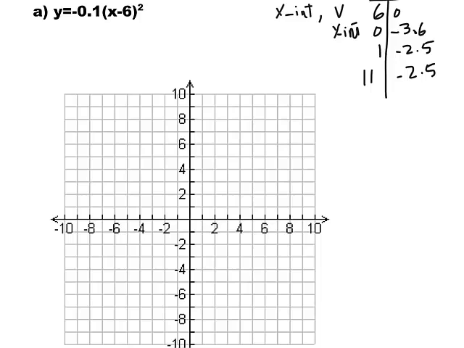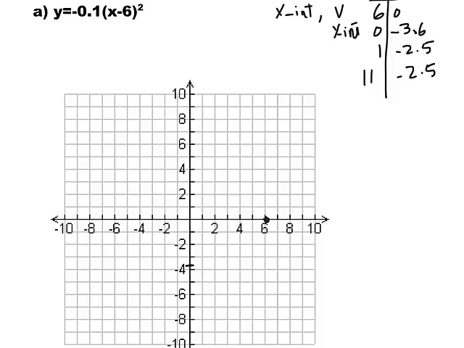So we start with the vertex, which is the point (6, 0). Point (6, 0) is going to be this point. The next point is when x is 0, y is negative 3.6. Negative 3 is here, so negative 3.6 is somewhere around here.